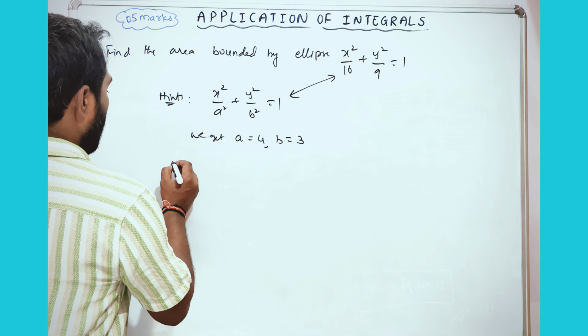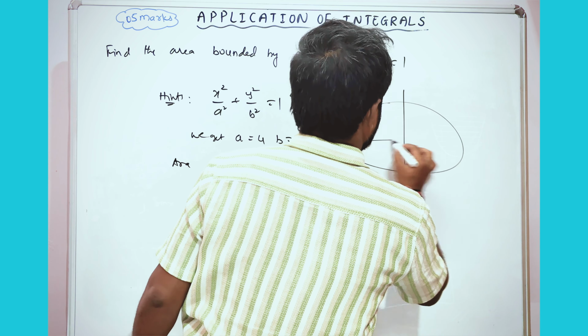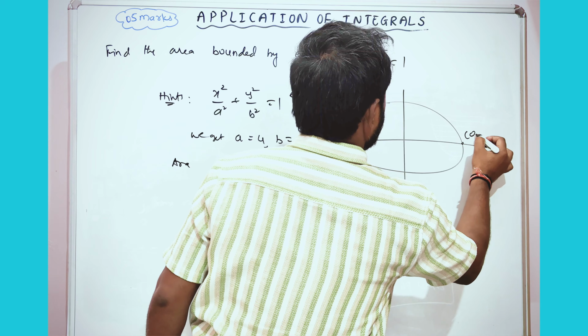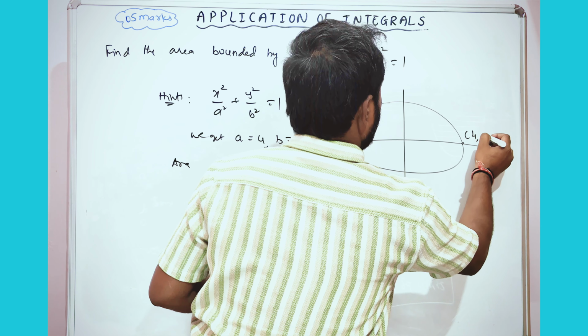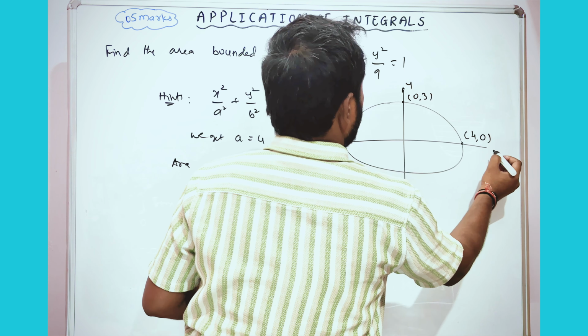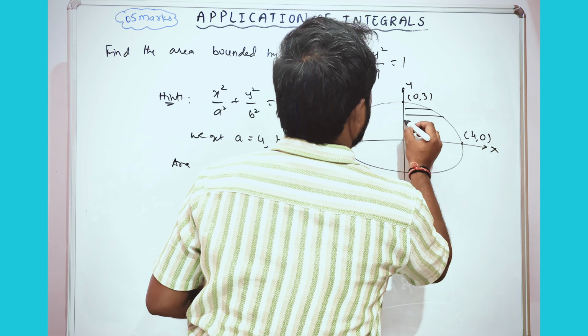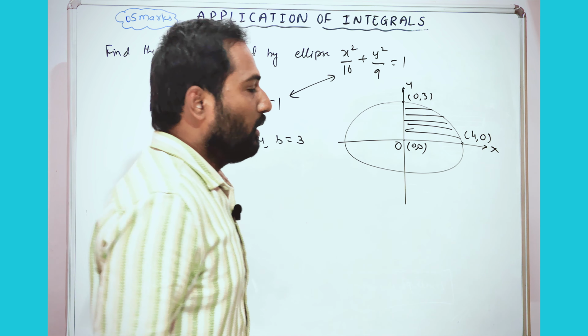So your area will be, as in the diagram, this is your 4, 0 and this is your 0, 3, on the y-axis and x-axis. This area you need to find out. This is the origin 0, 0.